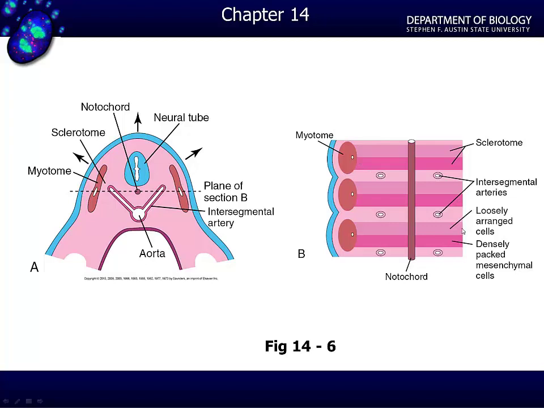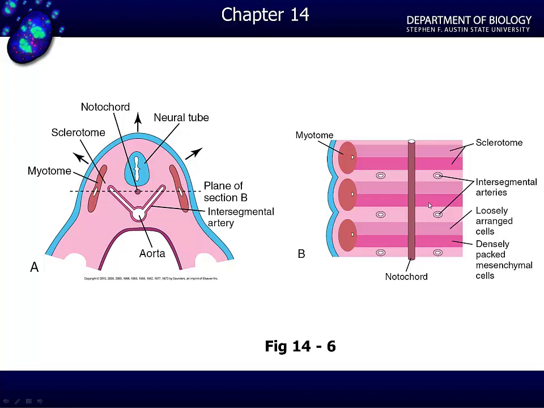If we can envision this loosely packed sclerotome tissue, this part is actually going to move more cranially, and this densely packed sclerotome tissue from the preceding somite is going to move downward.